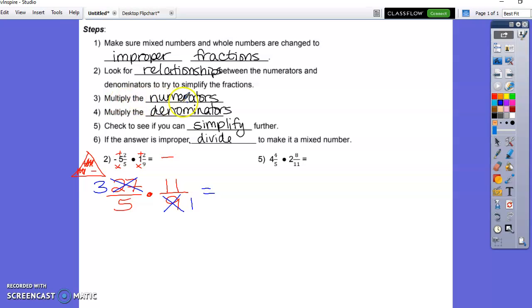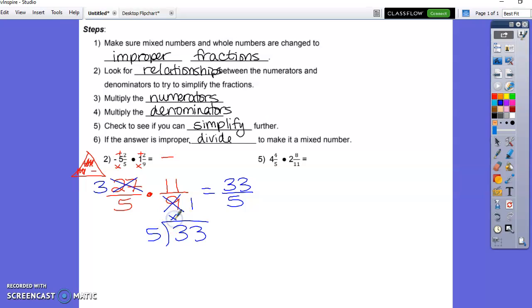Okay? So now multiply the numerators. 3 times 11. 5 times 1. And so now I'm going to make it mixed because this is improper. And I know I cannot simplify further just by looking here.